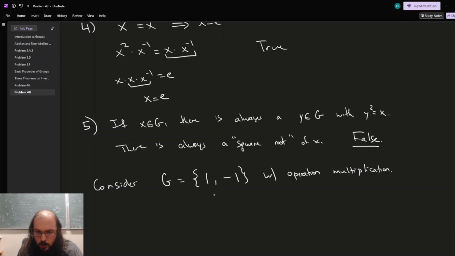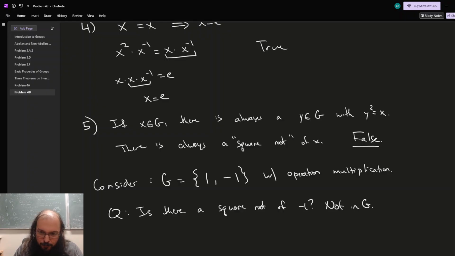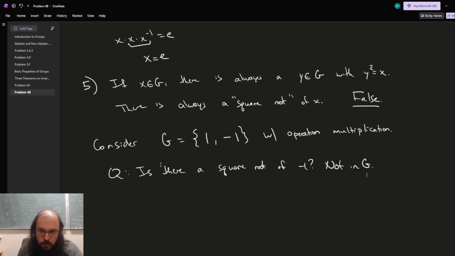Well, we know how to multiply normal numbers, so we can ask, is there a literal square root of -1? Not in G, there isn't. That's a general fact that you might know, but if you don't know, there's only 2 elements to check.